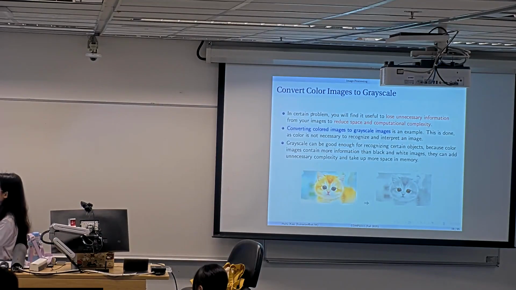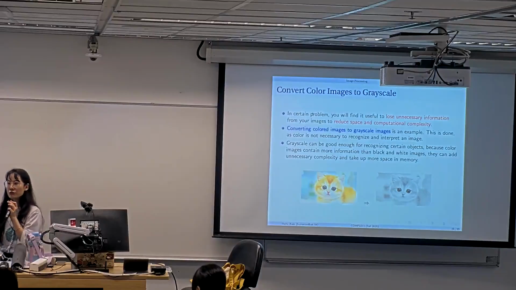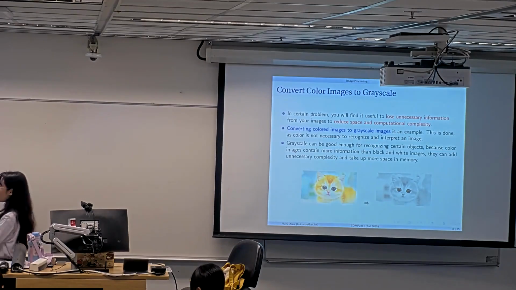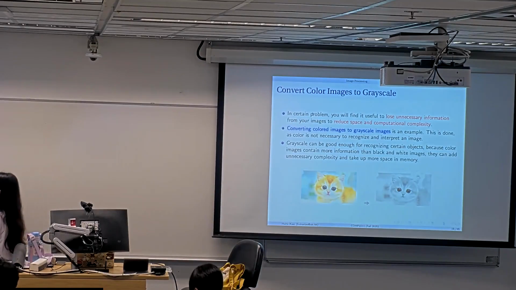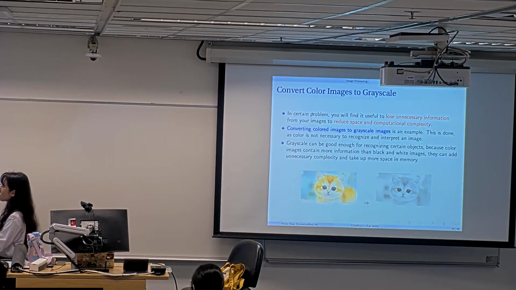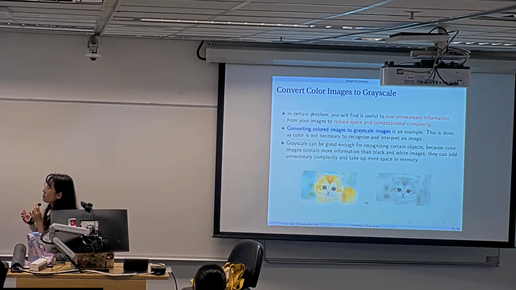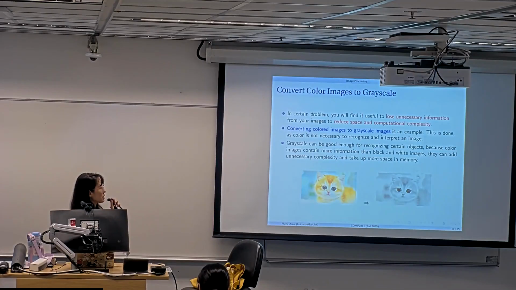That means color images contain more information, and more information means that it consumes more memory. And in some programs, we find that it's okay, even useful, to lose some unnecessary information to reduce the space and computational complexity. In that case, we want to perform such processing.